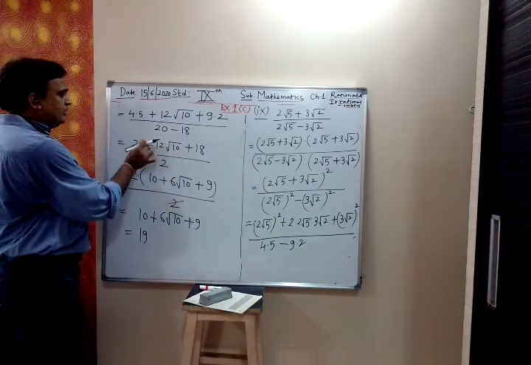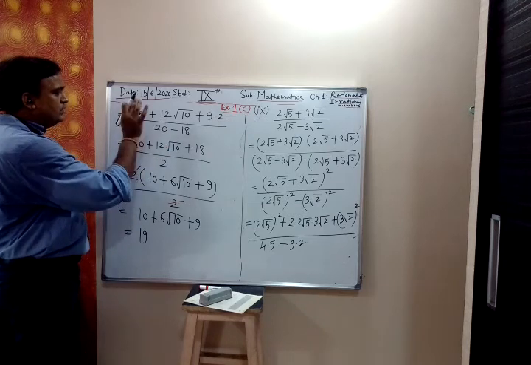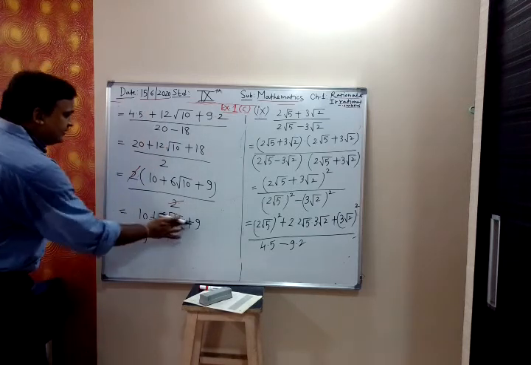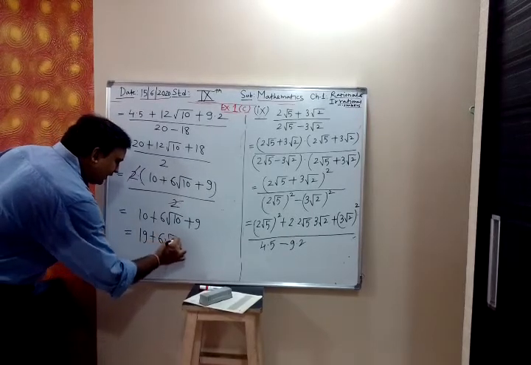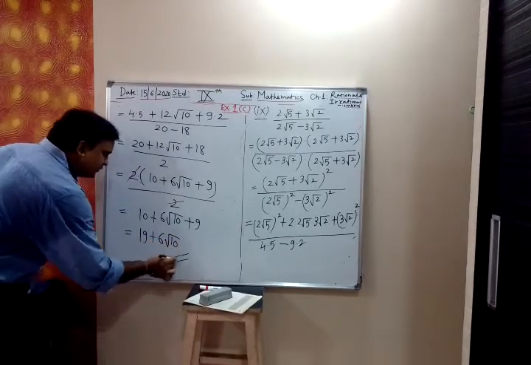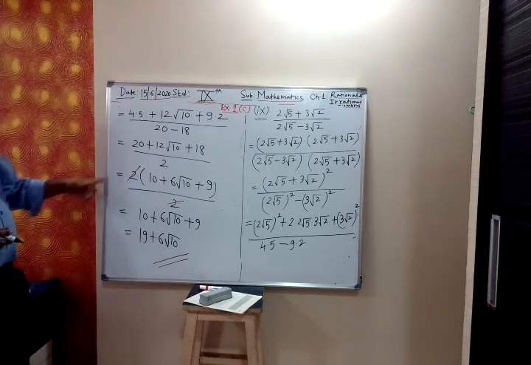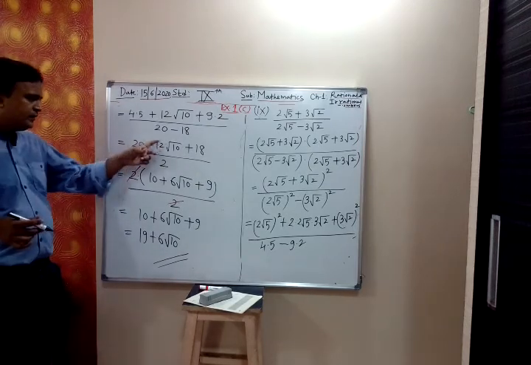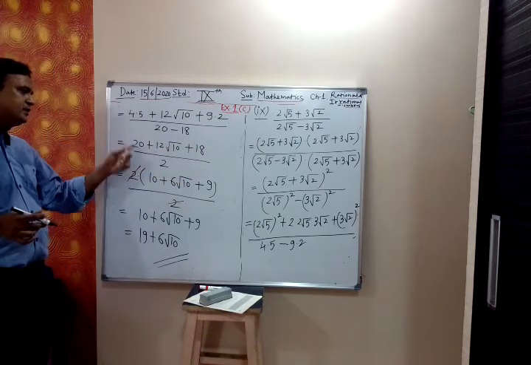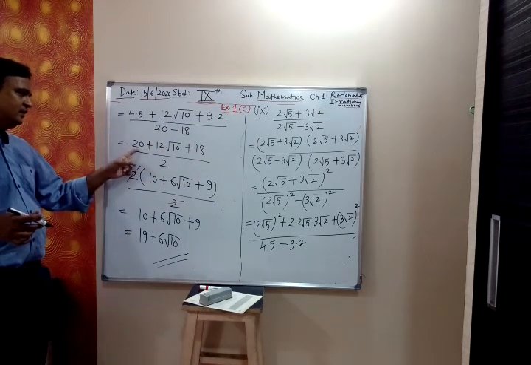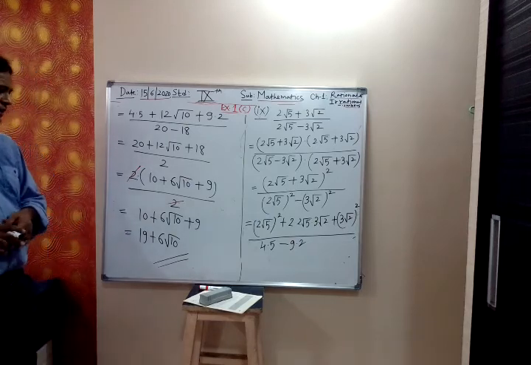From 12 I am taking 2 common, root 10 will remain root 10 only. Then 10 plus 9, 19, plus 6 root 10. And this is the answer: 19 plus 6 root 10. You can also add 20 plus 18, 38, and then take 2 common; same answer you will get at the end.